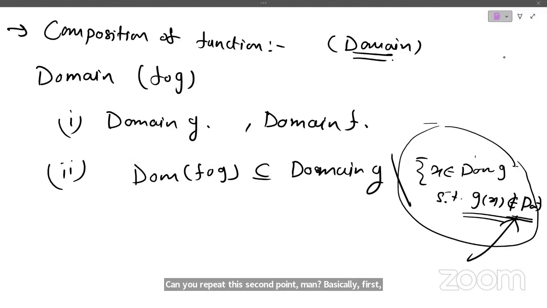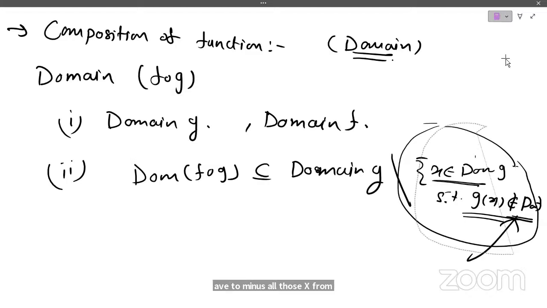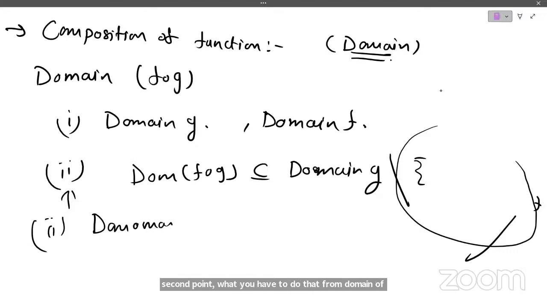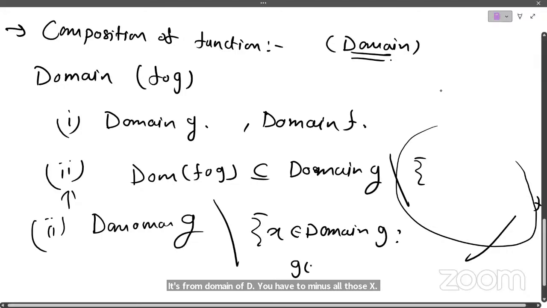Then for the domain of the composite function, you have to take the domain of G, and minus all those x from the domain of G. This is the second point: from the domain of G, you have to remove all those x belonging to the domain of G such that g of x does not belong to the domain of F. Now you got it?